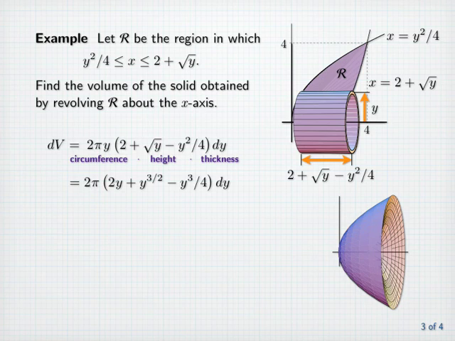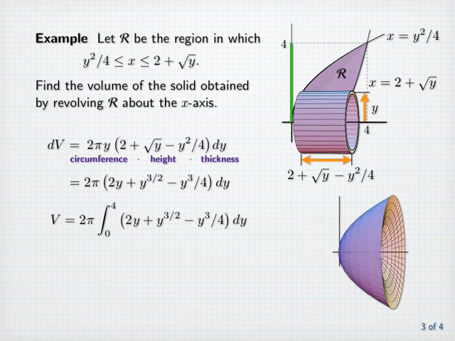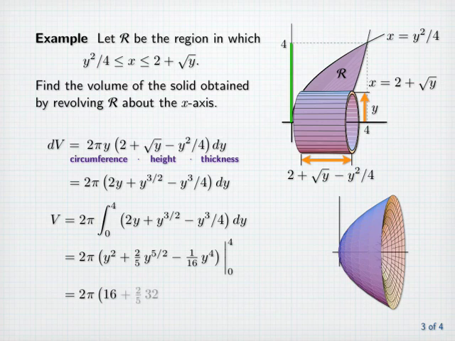So the volume of the solid will be the integral from y equals 0 to y equals 4 of dV. Now we anti-differentiate and evaluate between 0 and 4, obtaining 2 pi times (16 plus 2/5 times 4 to the 5/2 power, which is 2 to the 5th, or 32, minus 1/16 of 4 to the 4th, which is 256, minus 0).